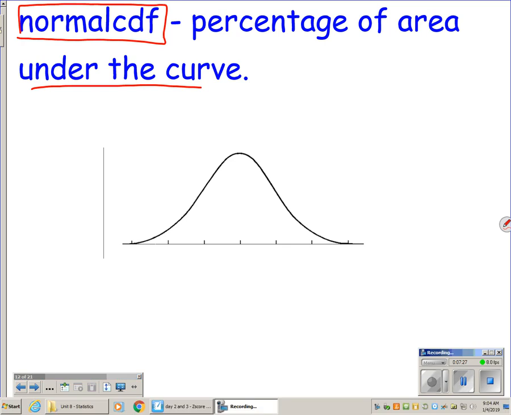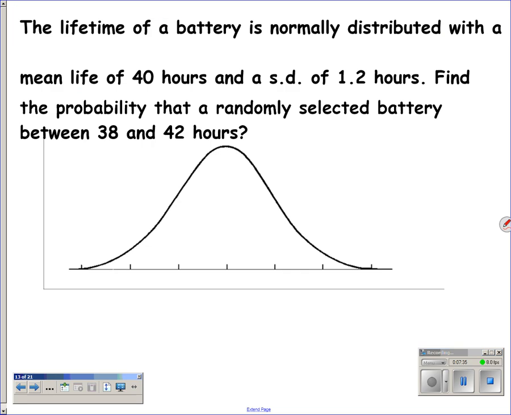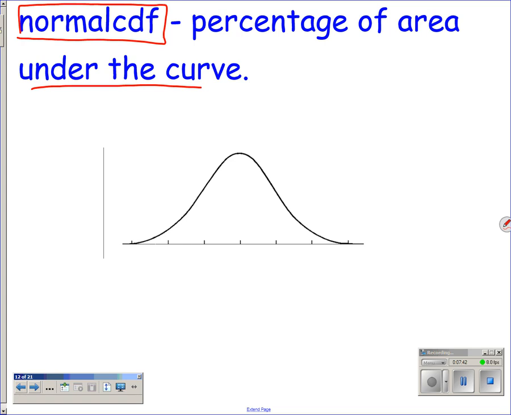All right, so let's go through an example and show what we're supposed to type in the calculator. And for the people watching the video, I'm going to write down exactly what we're doing in the calculator. For normal CDF, it's the same exact menu as it was for the binomial CDF.